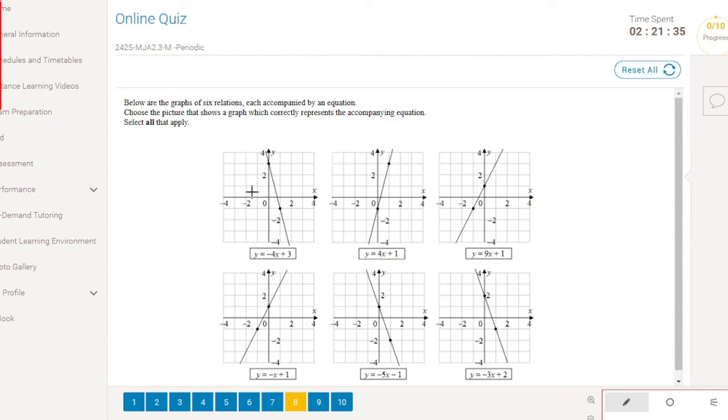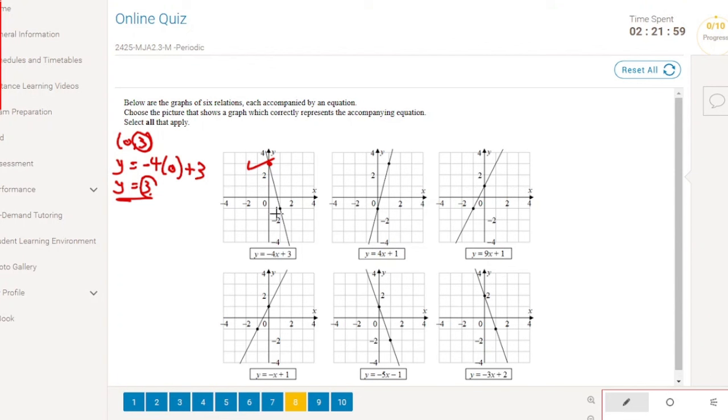Let's see this graph. I have the first point here, 0 and 3. For this point, 0 and 3, let's apply the equation. y will be equal to minus 4 multiplied by 0 plus 3. So y will equal 3. And this is right. So the first point is right.